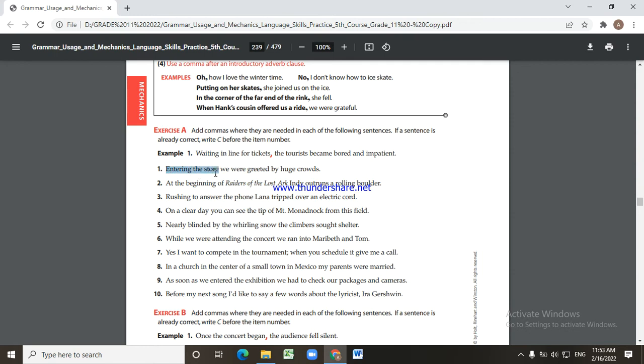Entering the store, then a comma. Number two. At the beginning of the Raiders. Yes. Good. After arc. Put a comma after arc before ending. See number three. Yes, exactly. Put a comma.